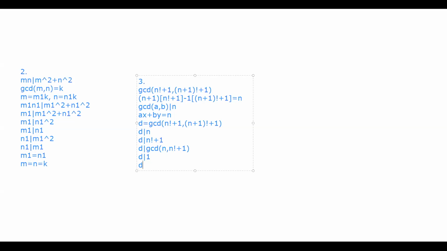D is equal to 1. So if D is equal to 1, then this GCD, which we assumed as D, is nothing but 1. So our third problem is also proved: the GCD of N and N plus 1 is equal to 1. Okay, so I think we can end this.